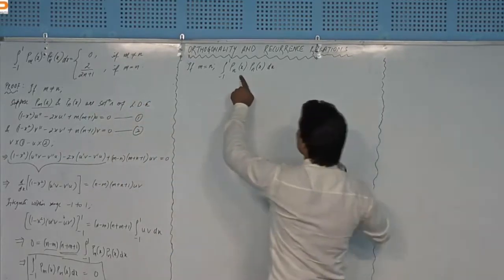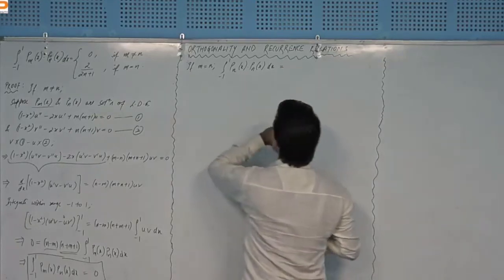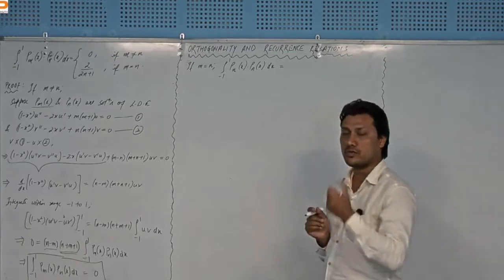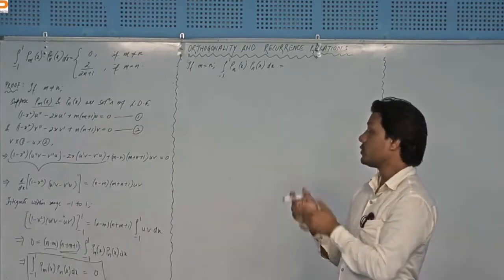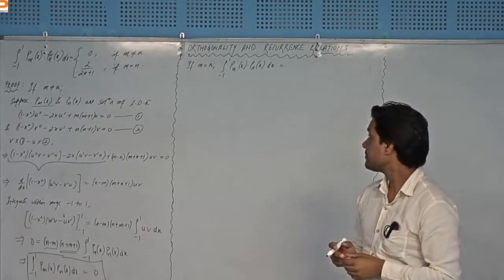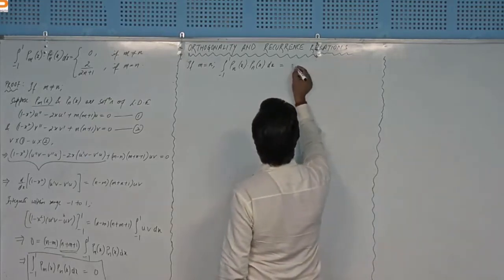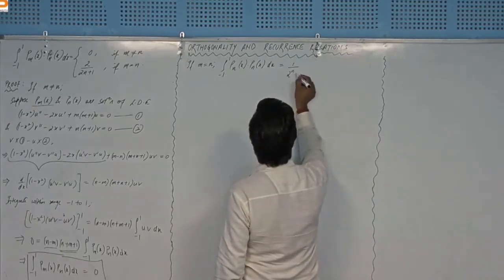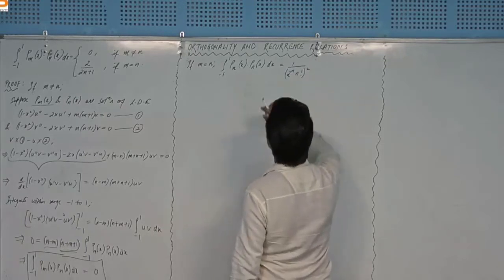So putting the value of Rodrigues formula, that was Pnx is equal to 1 over 2 to the power n n factorial, and d^n upon dx^n of (x square minus 1) to the power n, right? So I will use that. 1 over 2^n n factorial, that will become whole square because we have Pn square here, right?